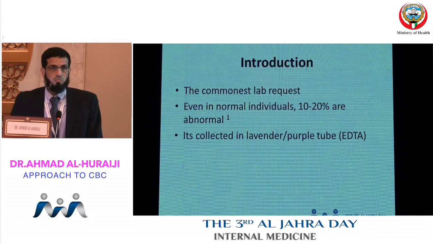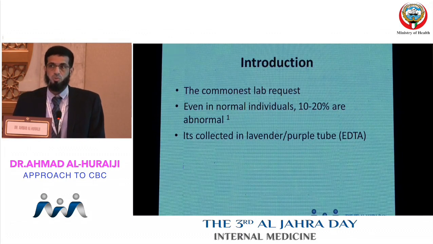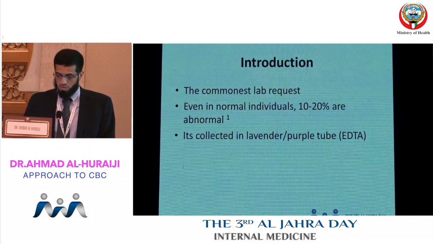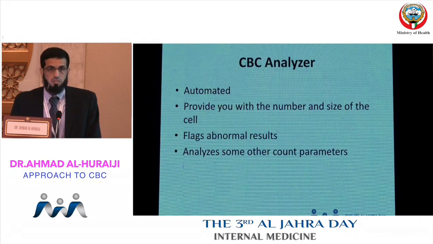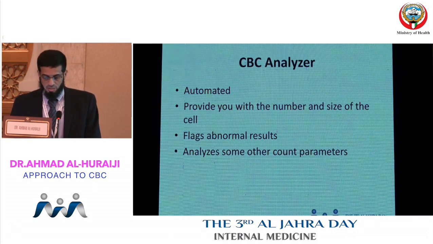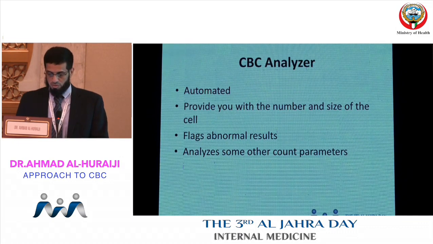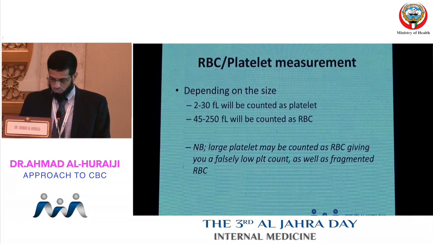As you all know, CBC is the commonest lab request done, and even up to 20% of healthy individuals can have an abnormal result. It's usually done by automated CBC analyzers, which provide you with the number and the size of the cells and flag any abnormal results found.